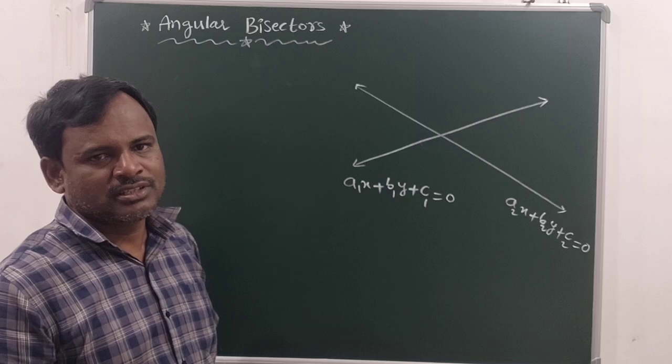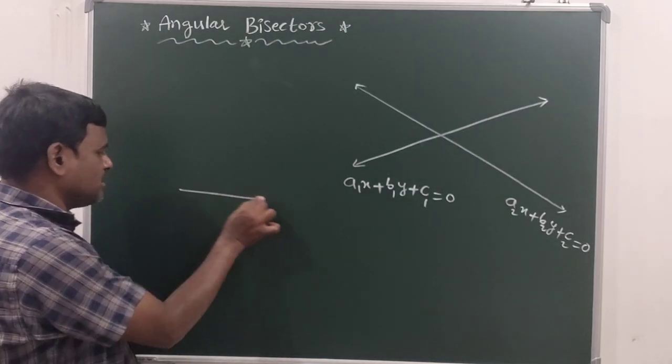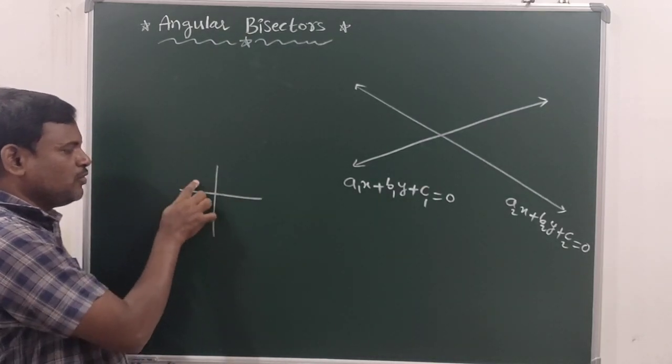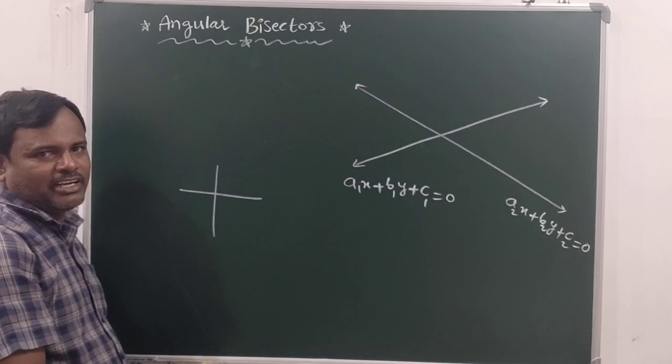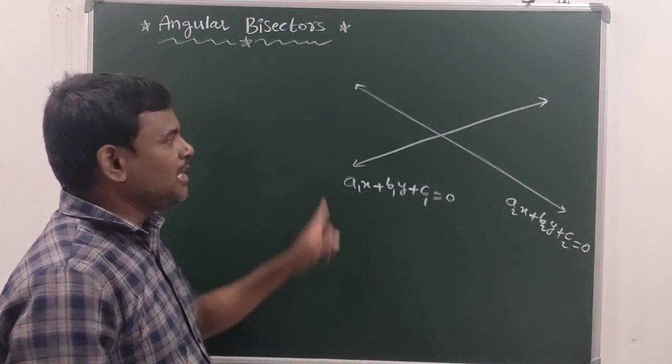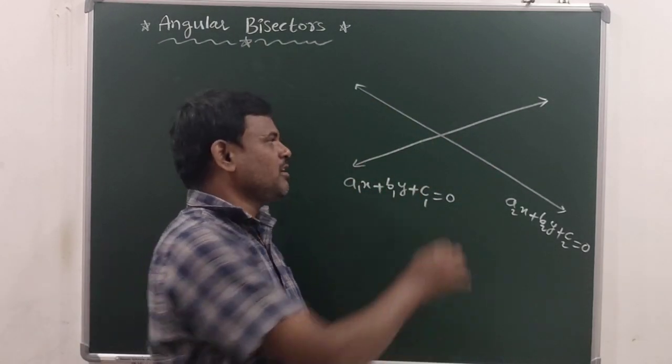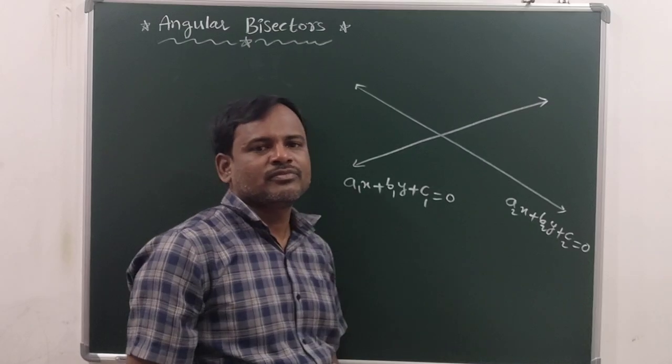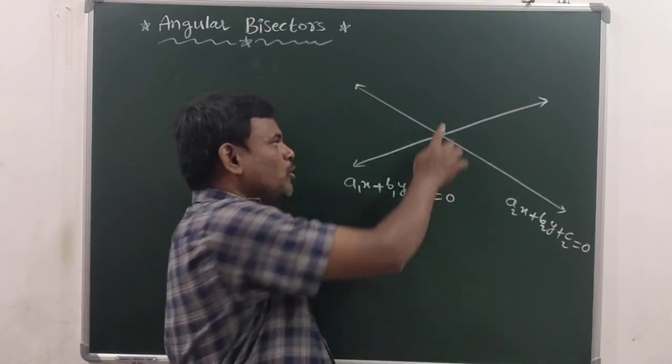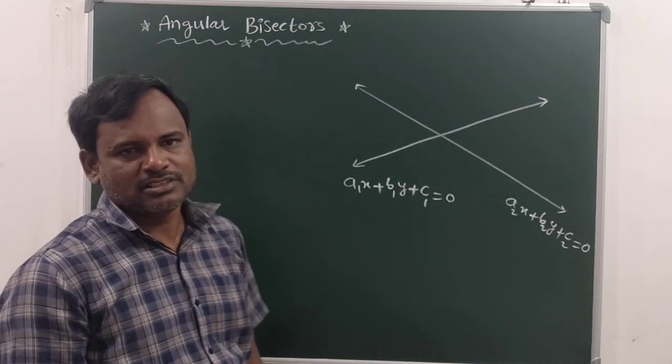You know this. Whenever they intersect 90 degrees to each other, these four angles will be 90, 90, 90, 90. But unless they intersect 90 degrees to each other, one pair is acute angles, one more pair is obtuse angles.